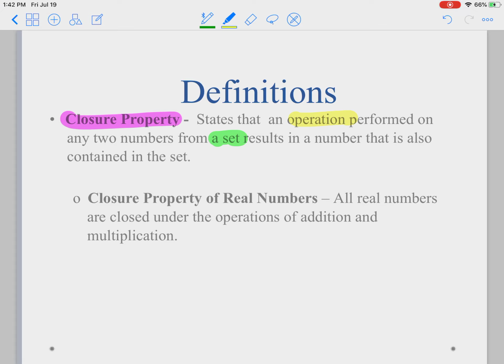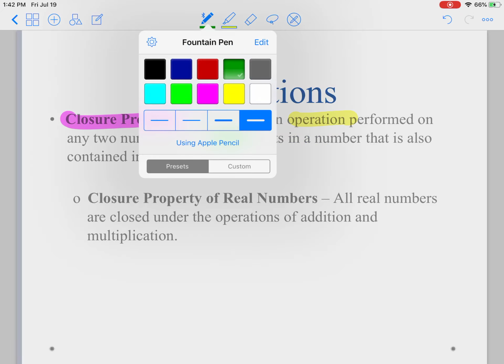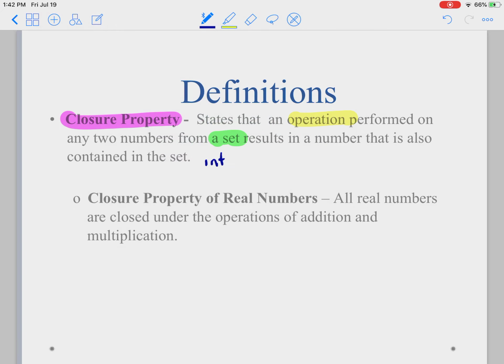What this means is that if we take an integer and we were to perform an operation, and that operation we'll say is addition, and we were to add another integer to that, we would get a number that is in the set of, in this case, integers, because we have a set. Again, it does not have to be integers.